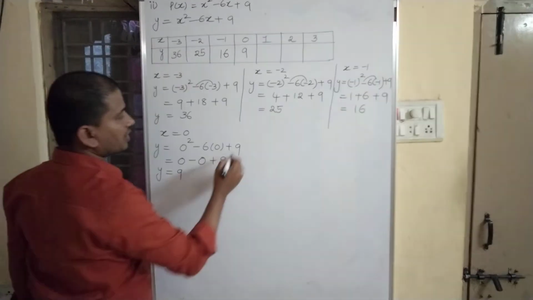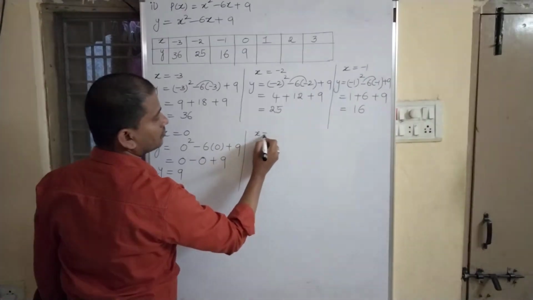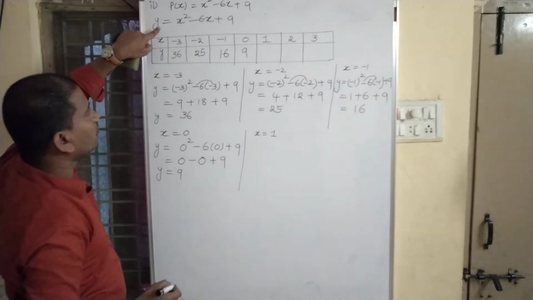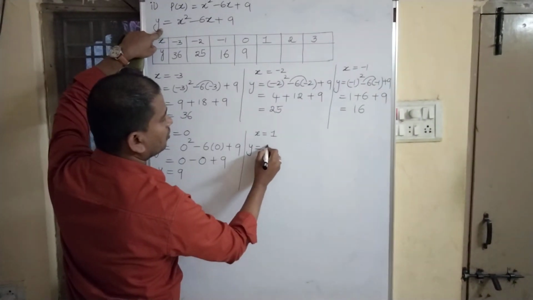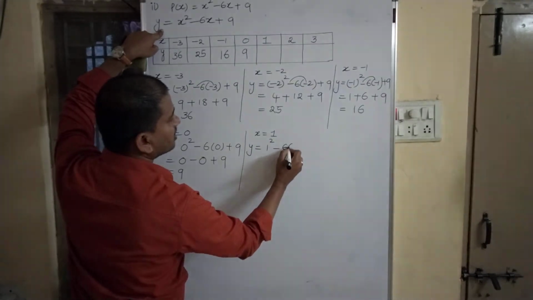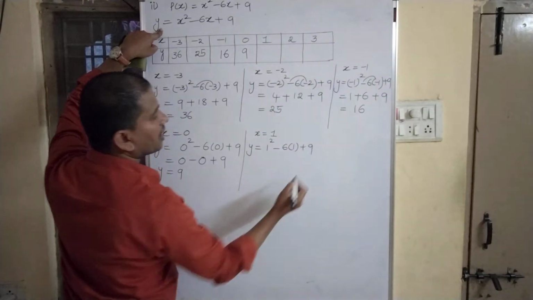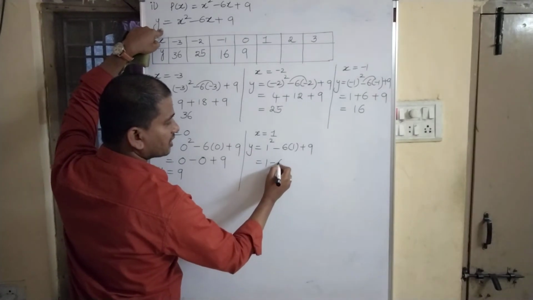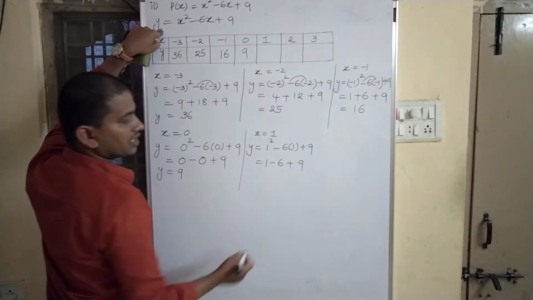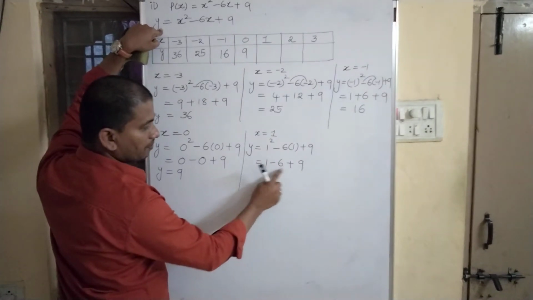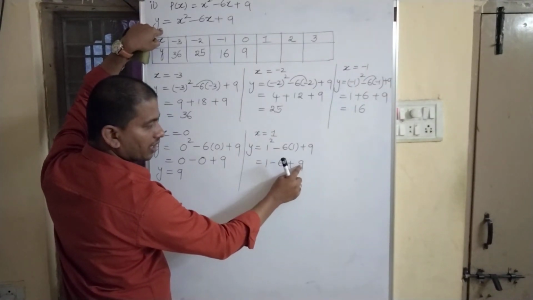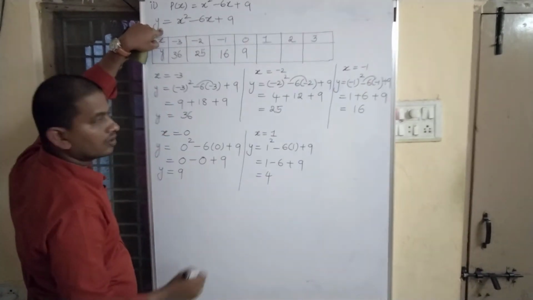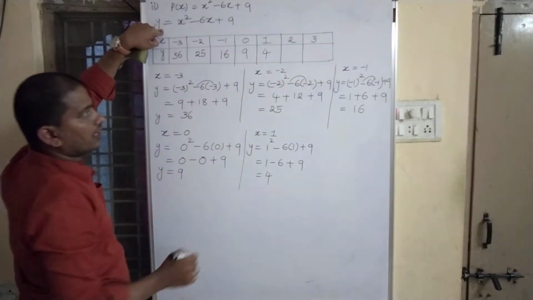Next, when x equal to 1, find out the value of y. y equal to 1 square minus 6 into 1 plus 9. 1 square value 1, minus 6 into 1, 6, plus 9. 1 plus 9, that is equal to 10, minus 6, 4. When x equal to 1, the y value is 4.